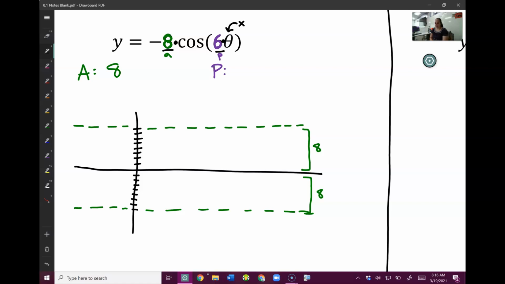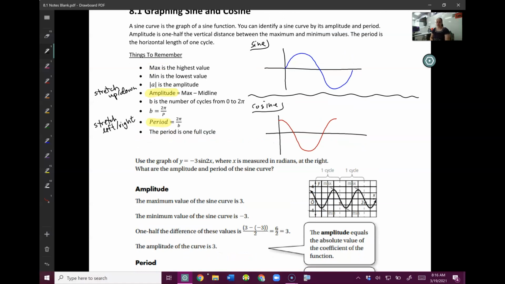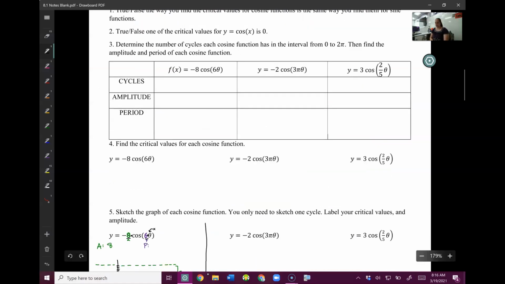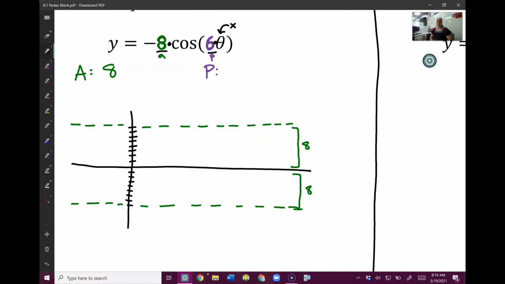This 6 means that I am going to have 6 waves. So like we had our waves up here, I would have 6 of this wave shape in one cycle of the circle. So in 2 pi, because there are 2 pi radians in a circle. So this isn't 6 wide, it's how many waves are in a circle. So to get how wide my curve is, I have to do 2 pi divided by how many are in a circle.